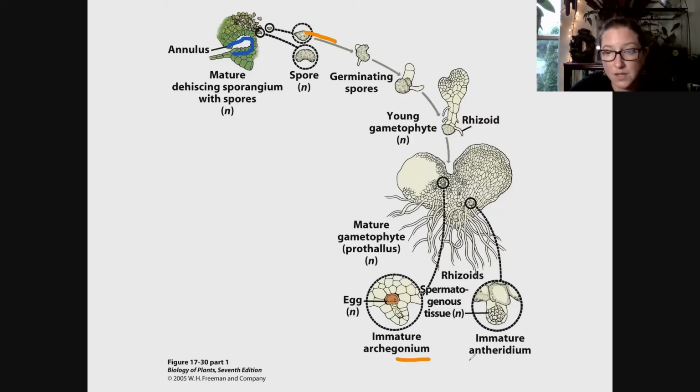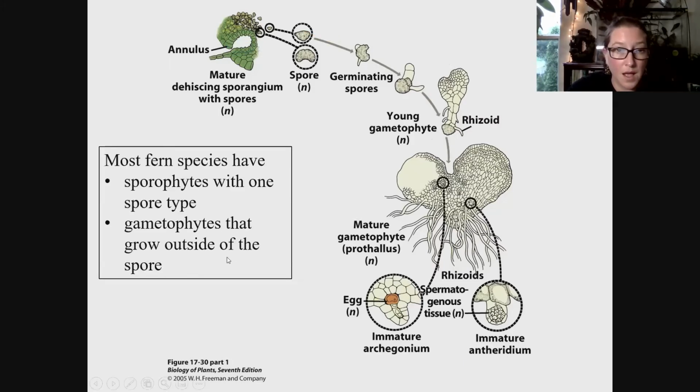Female sex organs, male sex organs. And as I said, we're only looking at the terrestrial ferns, and so fern species for the case of our class have one type of spore, gametophytes that grow outside of the spore.